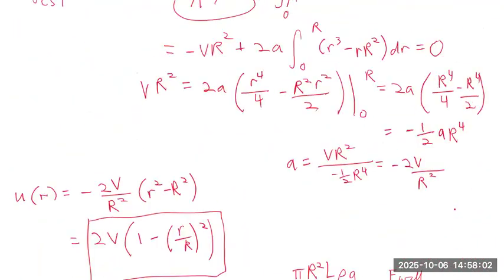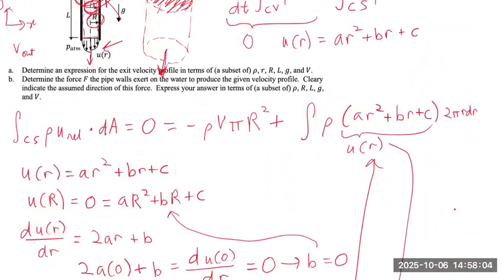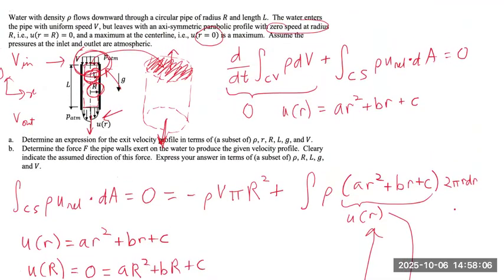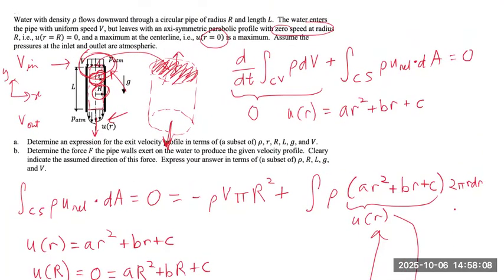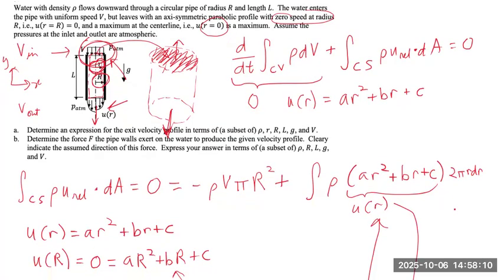So let's do a quick recap of this problem. Basically, we were given that the volume enters and then when it exits it has a parabolic distribution. This parabolic distribution we knew the general form, but we did not know the three constants A, B, and C. To find these three constants, we needed three equations: the two equations from the boundary conditions and the conservation of mass equation.